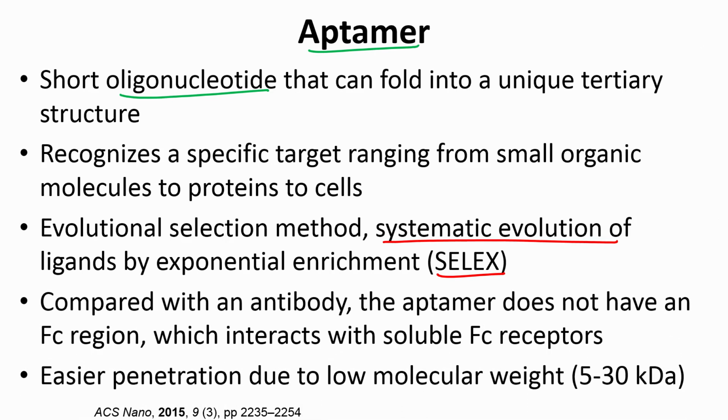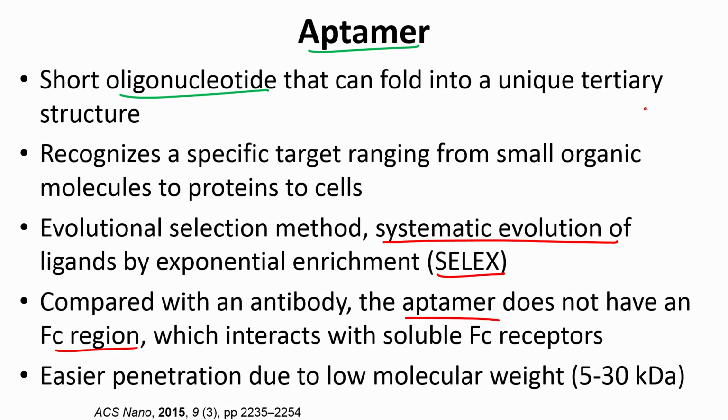And one of the advantages of the aptamer compared to an antibody, let us say we do find an aptamer, and we will go into how we find one, but let us say we do find an aptamer which is able to bind to a certain target that you are interested in, is that it offers lots of advantages over antibody. First, an aptamer does not have an Fc region.